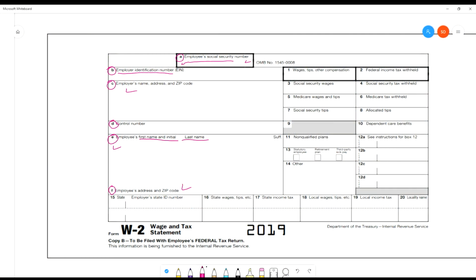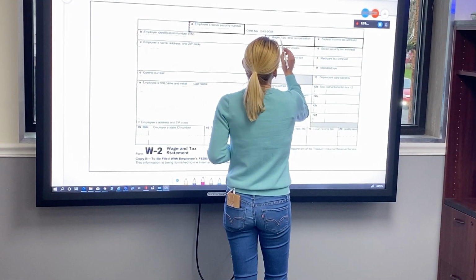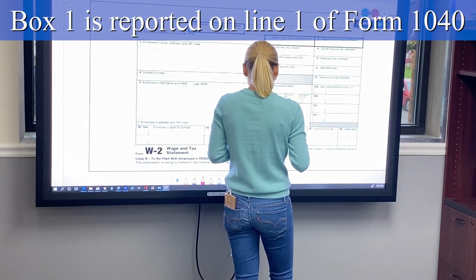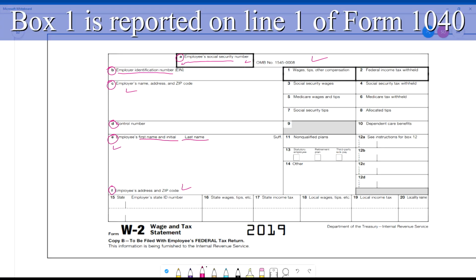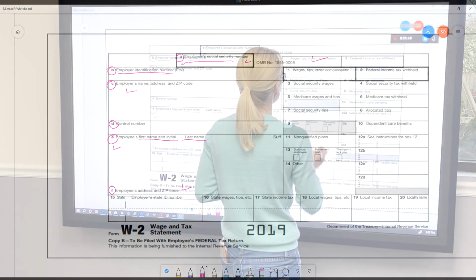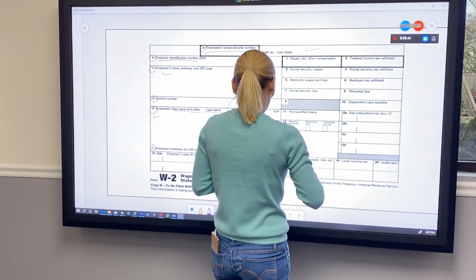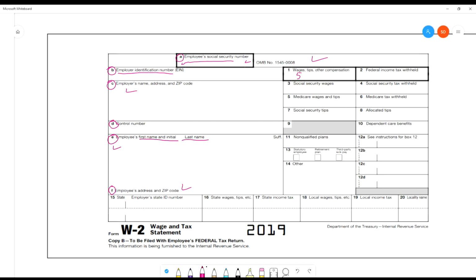Now let's go to the right side of your screen. Box number 1, wages, tips, and other compensation. It shows your taxable wages, bonuses, and it could be any other fringe benefits. So say it's $50,000.